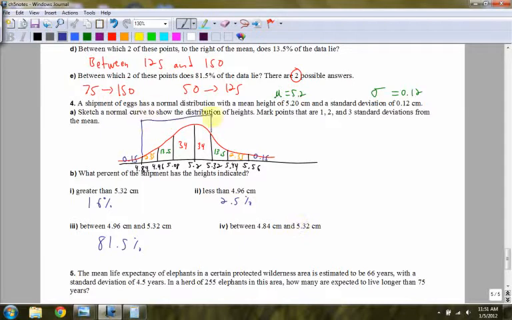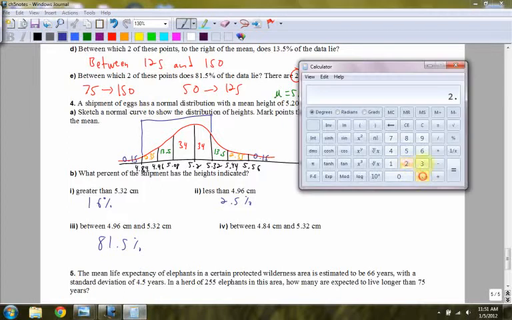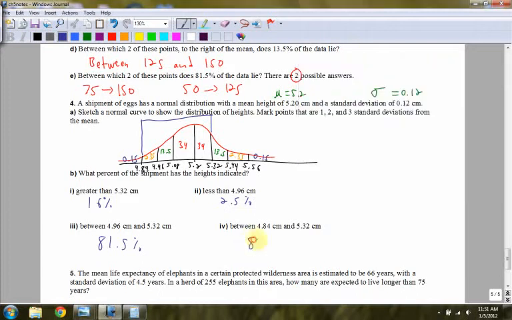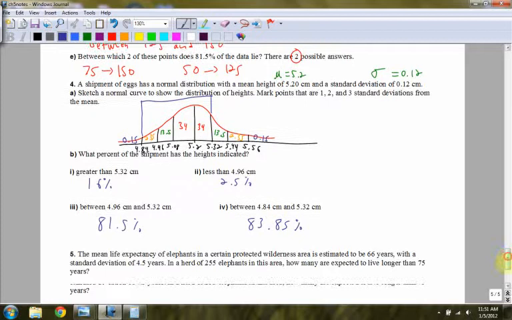We're looking between them. So again, I just add the values between: 2.35 plus 13.5 plus 34 plus 34, which is 83.85%. Okay, so again, adding in your values on the inside and then adding up what you have.